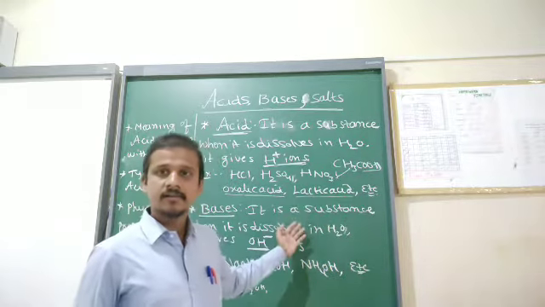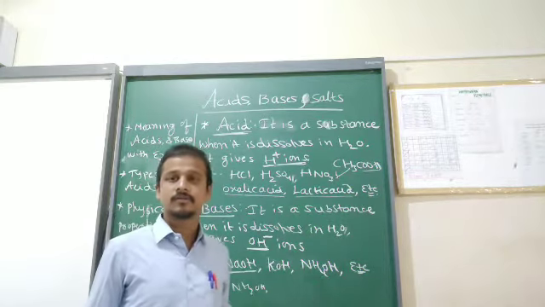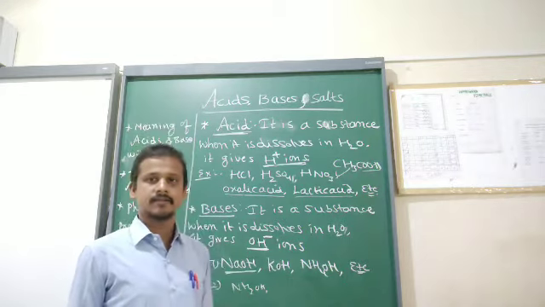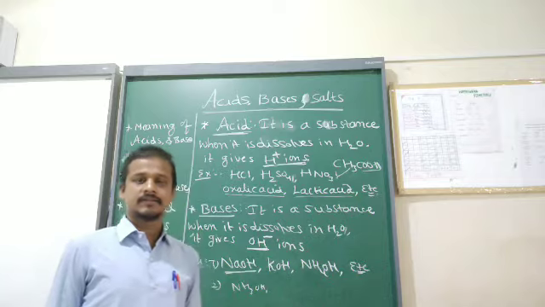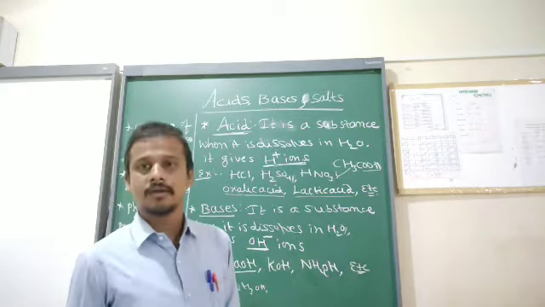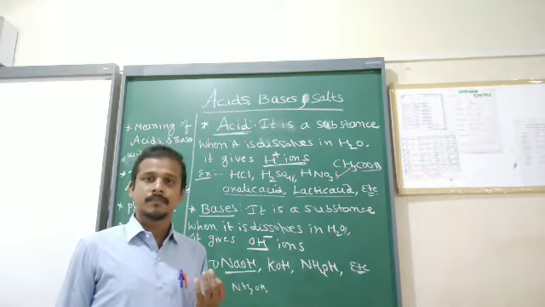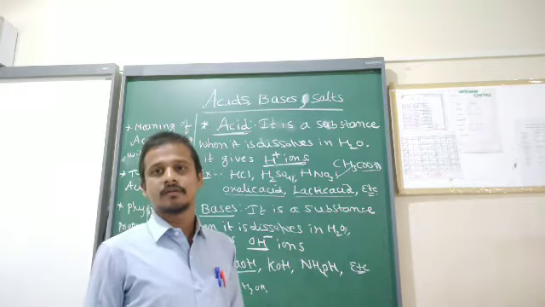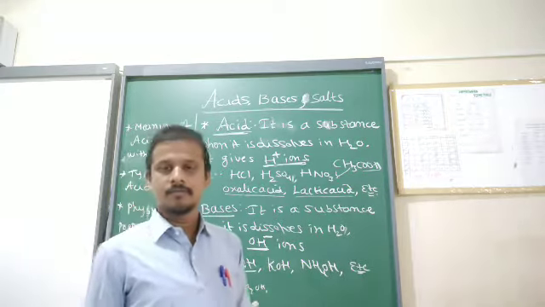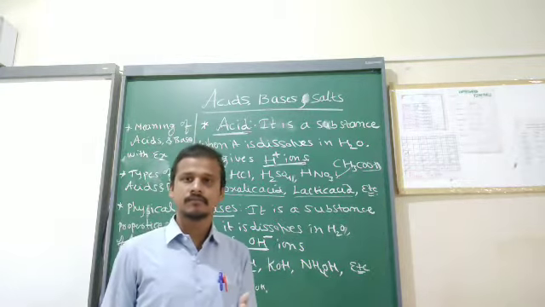Indicators can again be classified into two categories. One is natural indicators and the second is synthetic indicators. What are examples of natural indicators? Turmeric, some leaves, some flowers, and olfactory indicators like onion.